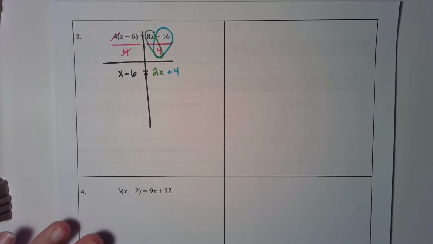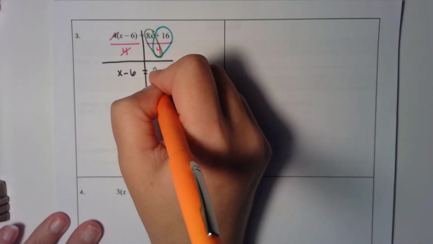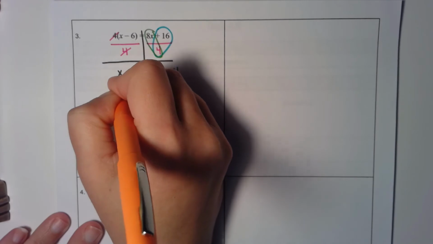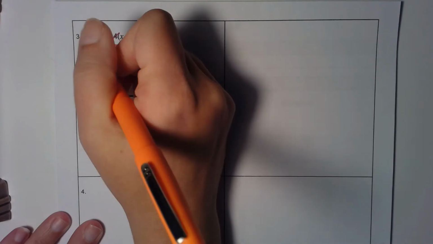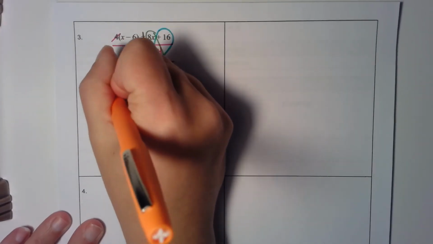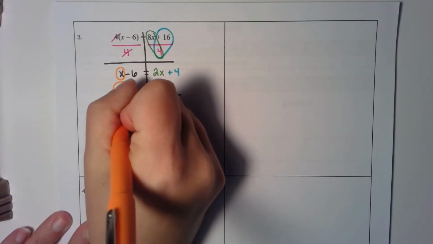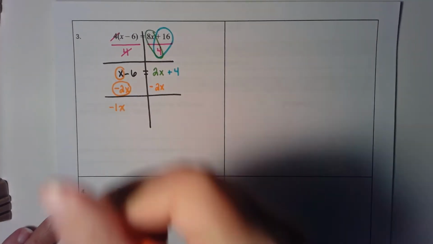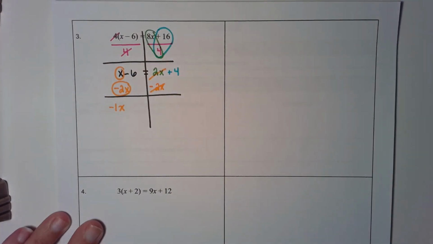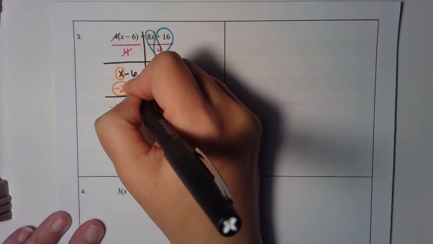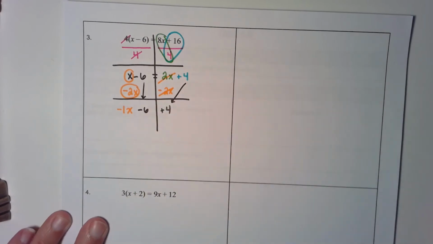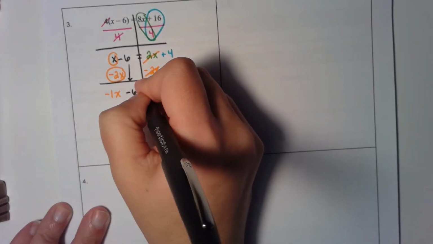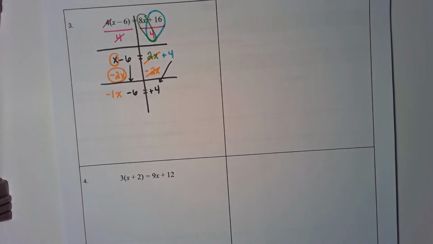So our next step would be to subtract the 2x on both sides in order to get the x's together. Now when I do that, the 1x minus the 2x gives me negative 1x on the left, and on the right, the 2x's cancel. Then I'm just going to bring down the minus 6 and the positive 4. Next, I'm going to try to get the x by itself. So at this point, it just becomes solving like normal, like we've been doing.